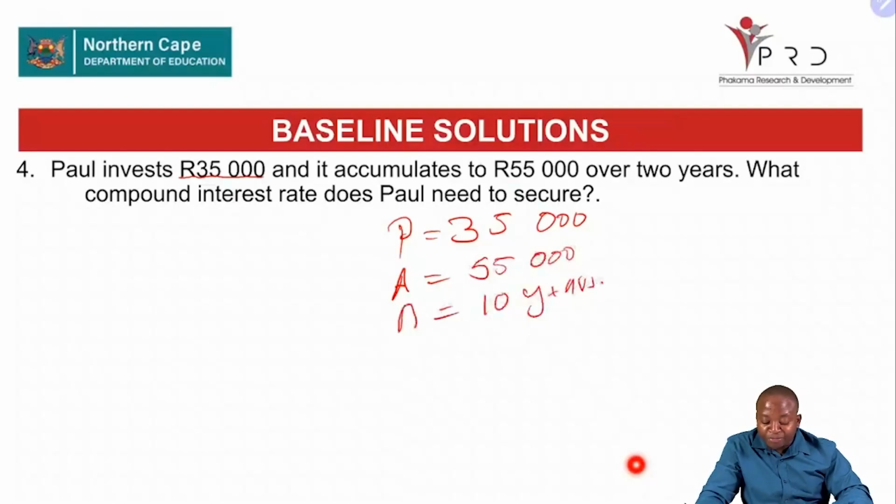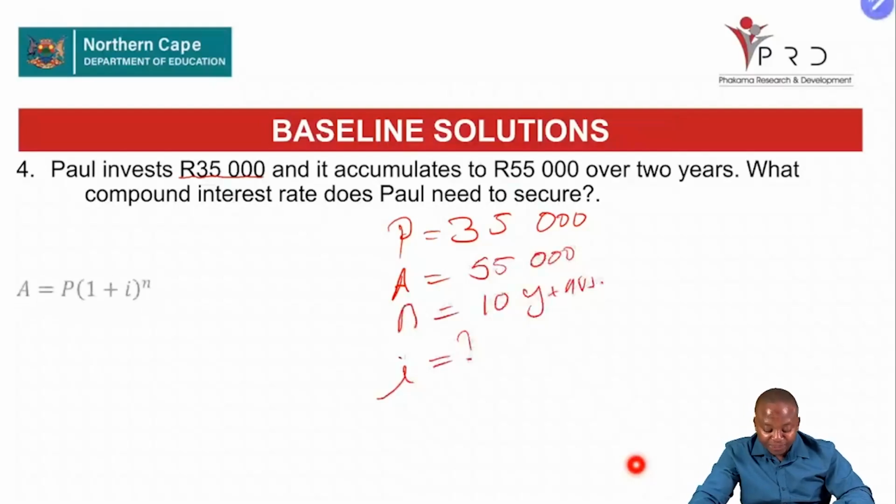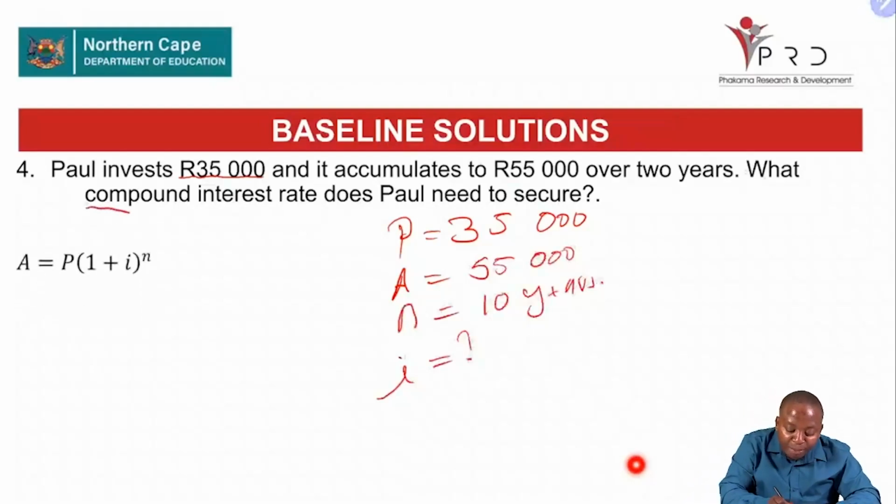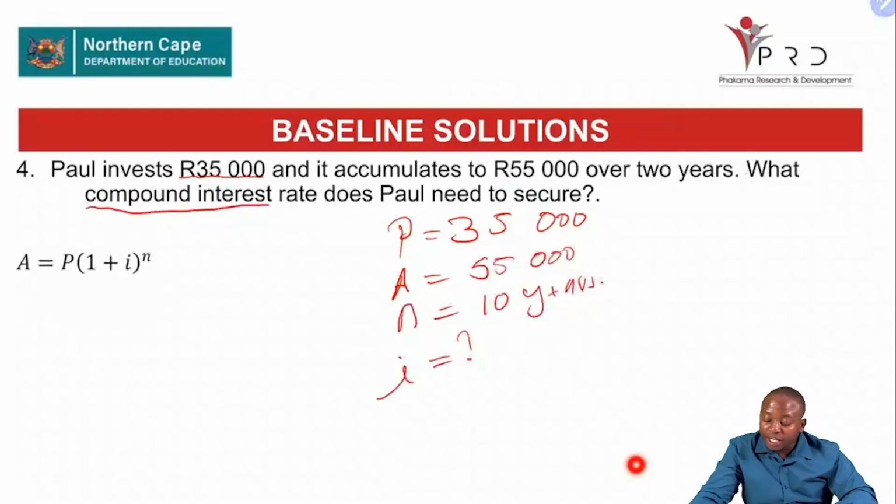But remember, to find the interest rate, in the past solutions we noticed that our i is always the rate over 100. So we'll start by finding our i, then we'll get the interest rate from the i. Right. So we check: they said compound interest. That statement already gives us a clue which formula we must quote in this question.